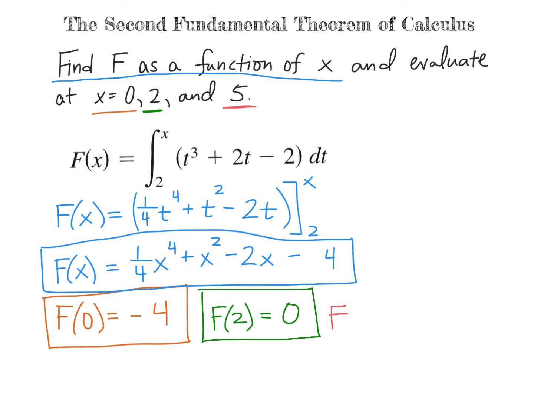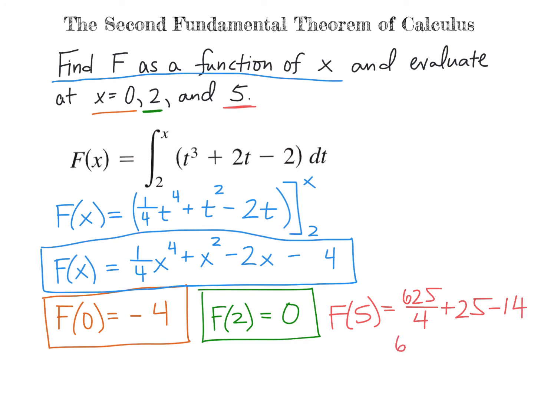So plugging in 5 will be a little bit more difficult. When we plug in 5, we'll have 1/4 times 5 to the 4th. 5 to the 4th is 625. So we'll have 625/4. Then we'll have plus 25, then minus 10, and then minus 4 more, so it'll be minus 14.